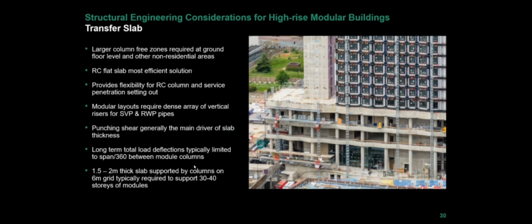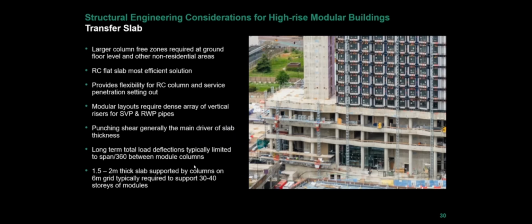The transfer slab, as Michael said, concrete we found is by far the best option to control deflections and flexibility. It gives you a good level soffit, and it allows good flexibility in the column layouts.